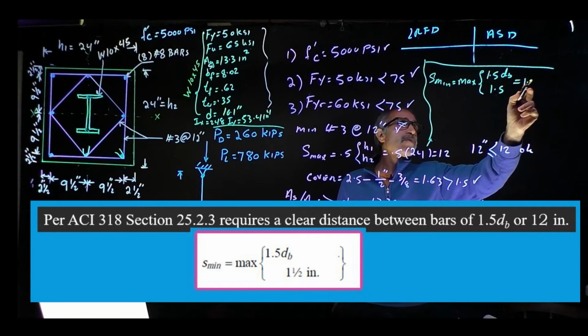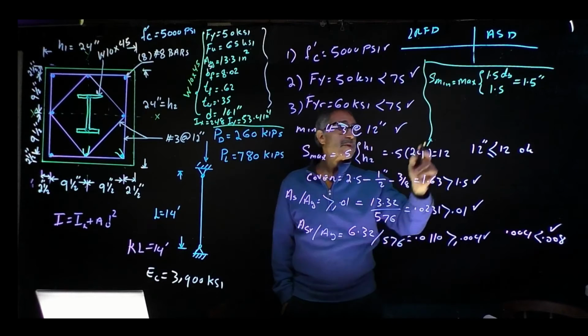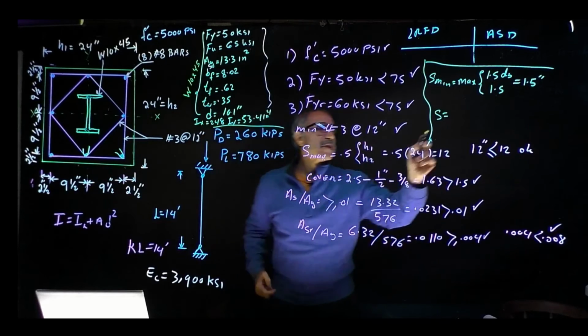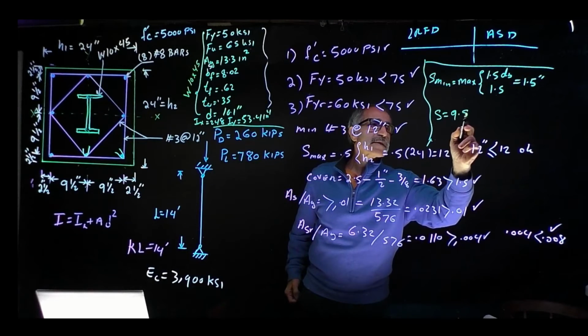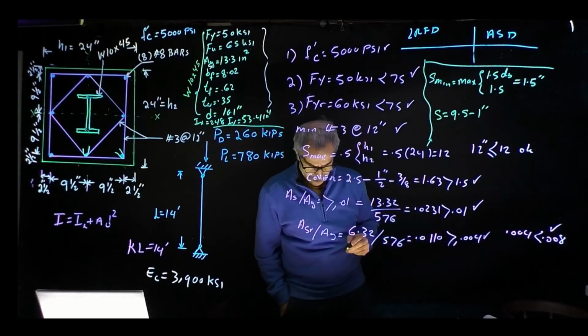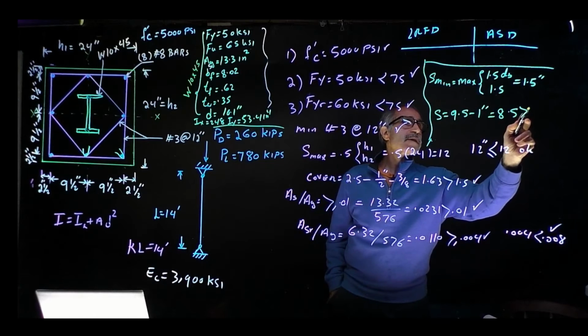Our S is right here, 9.5 inch, so 9.5 minus the 1 inch diameter for the bar itself comes out to 8.5, which is bigger than 1.5.